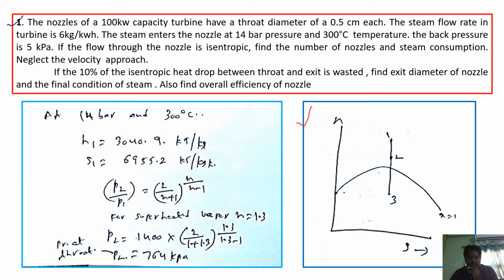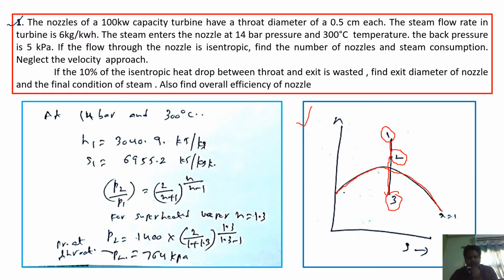As you can see here, the HS diagram. So this is the saturation curve. Here 1, 2, 3 is the process in the nozzle, 1 at the inlet of the nozzle, 3 at the exit of the nozzle. Point 2 is the throat of the nozzle.